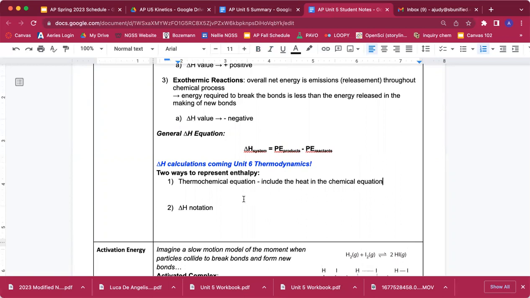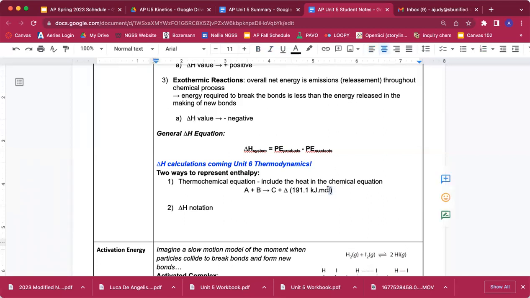So if I have, let's say, A plus B goes to C and it releases energy, exothermic, I would just simply add my energy value into it. Maybe I even write the value, 191.1 kilojoules per mole, okay? I put it in my equation.